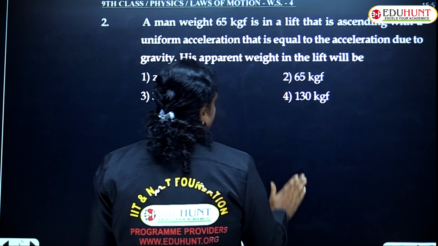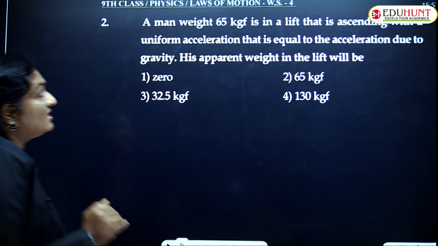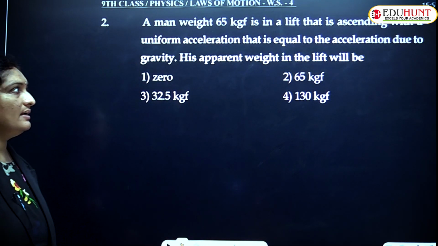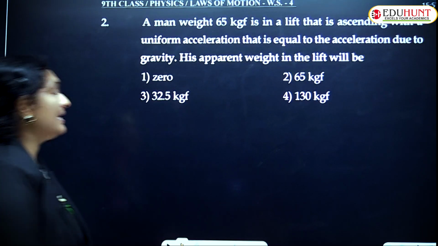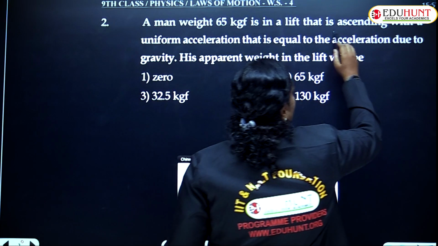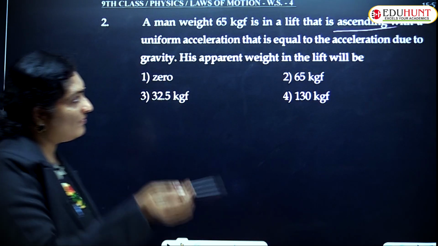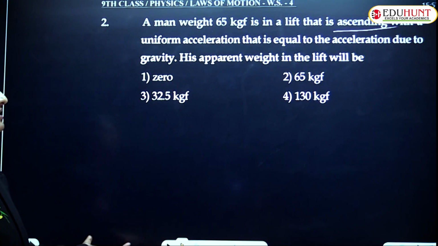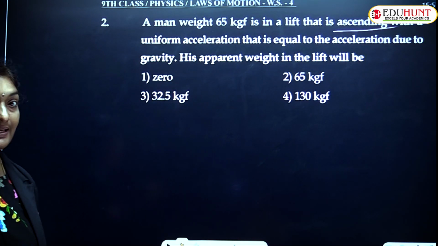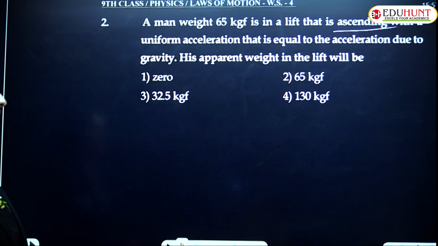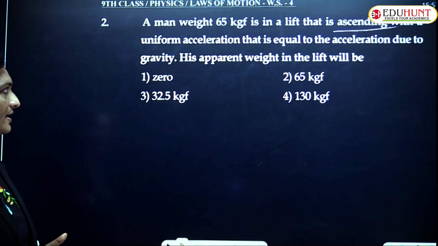A man weighing 65 kg force is in a lift that is ascending with a uniform acceleration. Ascending means going up again. So the lift is moving upwards with uniform acceleration, not uniform velocity, uniform acceleration, which is equal to acceleration due to gravity.